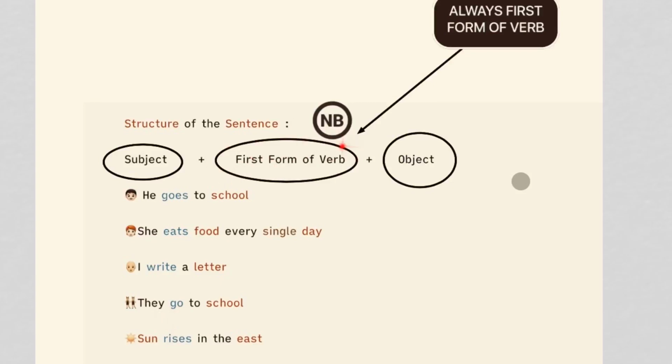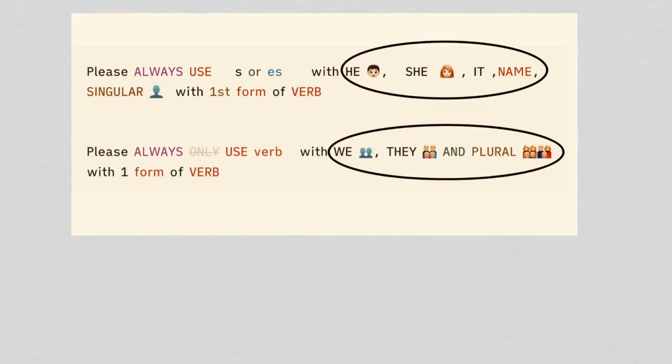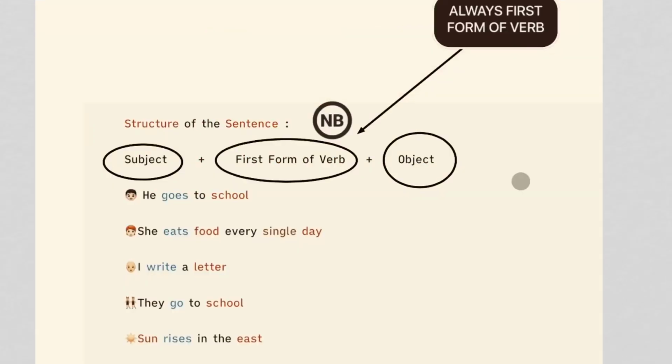Now the next one is sun. Sun is a singular term, only one sun. Then for the singular ones, single one thing, we need to write s or es with the verb. So sun rises in the east.